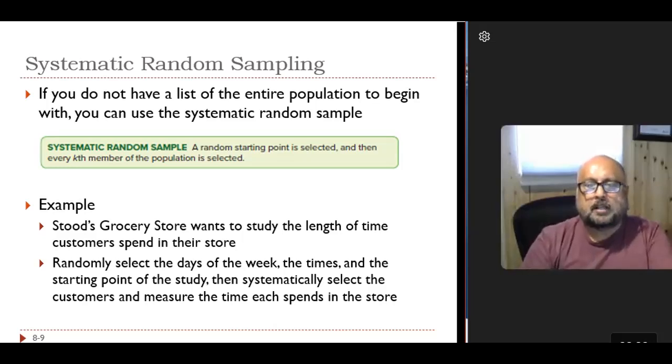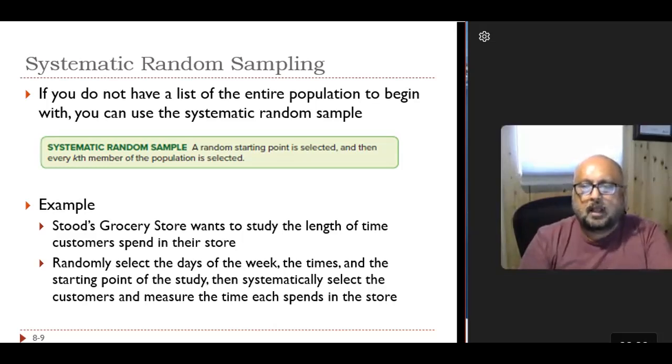So initially you had the 5th customer. After that, 5 plus 10, then the 15th customer, and 15 plus 10, the 25th customer, 25 plus 10, the 35th customer. So that way, every 10th customer you are selecting to study.